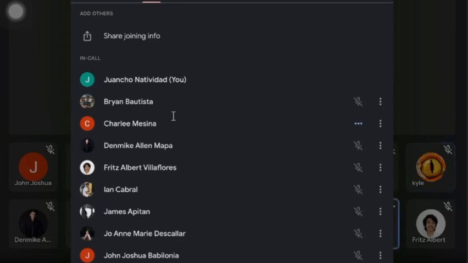Pagka nag-discuss ako, naintindihan mo agad o kailangan magbasa ka pa? So, yun yung mga basis natin. Anong self-evaluation? Siguro po, sir, 80 po. 80, sige. Sigurado ka na doon, 80. Opo, sir. Sige. So, yun yung lalabas na midterm grade mo, no? Opo, sir. Thank you po.